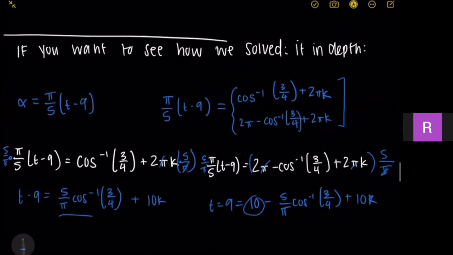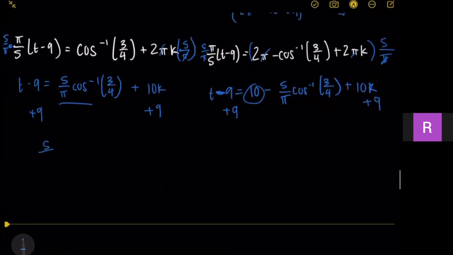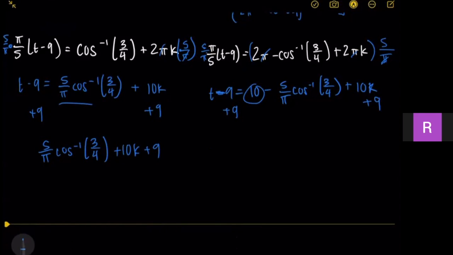So what we're then going to do is add 9 to both sides. This is a minus sign, sorry. So then we're going to have 5 over pi cosine inverse of 3/4 plus 10k plus 9. And then on the side, we're going to have 19 minus 5 over pi inverse cosine of 3/4 plus 10k.